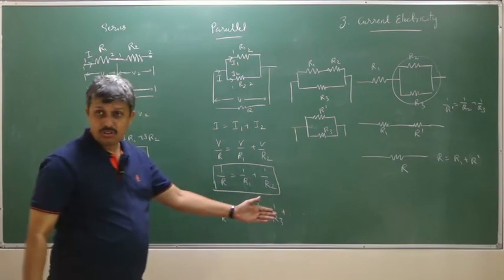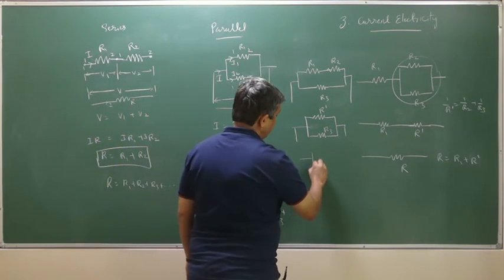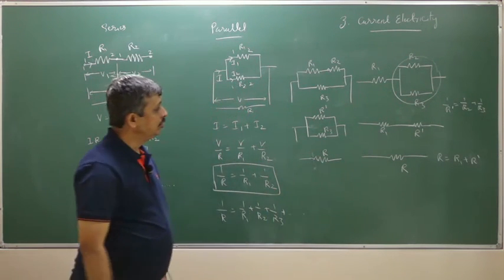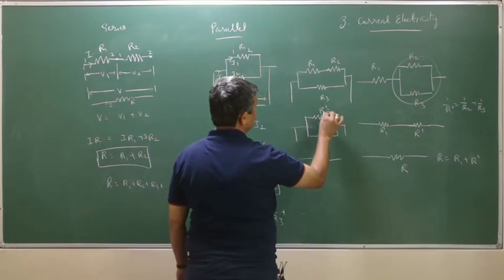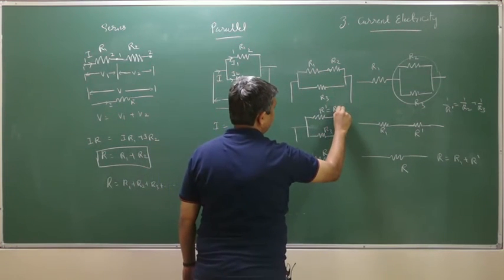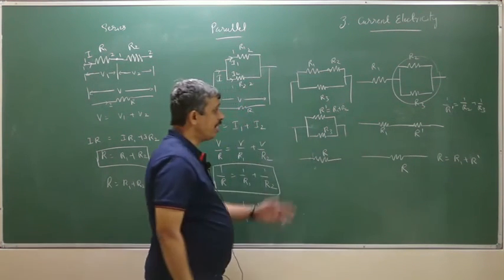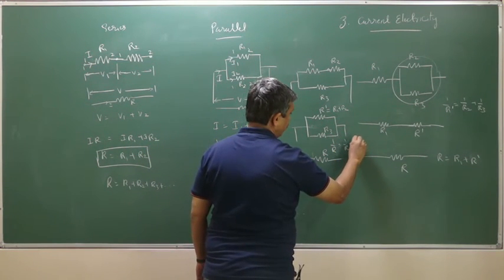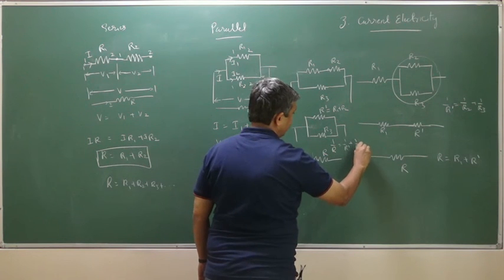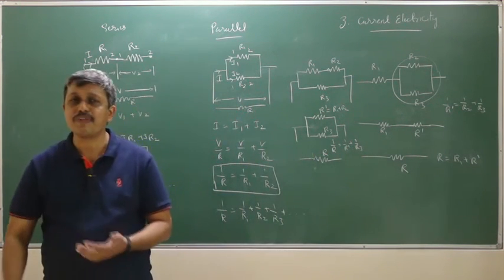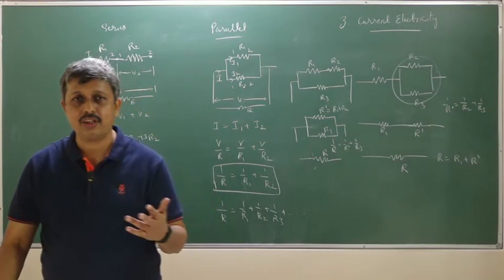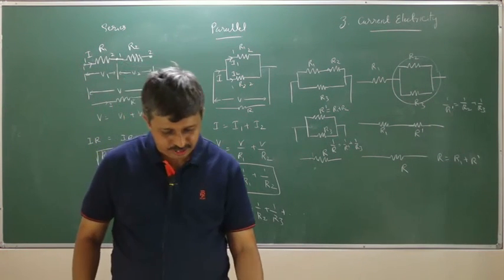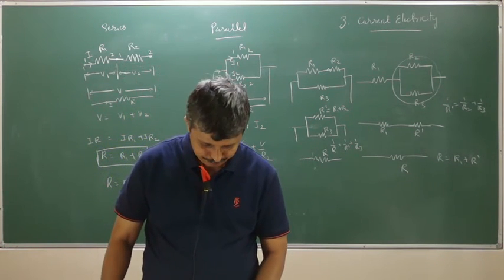Now we take these two and replace them with a single resistance R. Here R dash is straightforward because R dash is simply equal to R1 plus R2. First we do the series. Once you find R dash, calculating R is simple: 1 by R is equal to 1 by R dash plus 1 by R3. Like that, any number of combinations of resistances can be computed by using series and parallel connections.